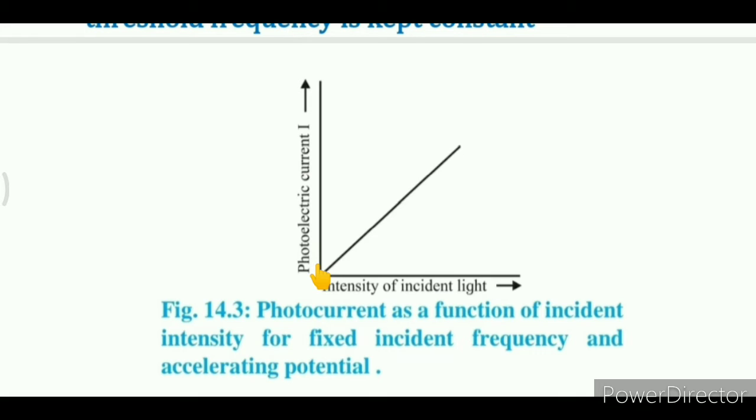Next, as we increase the intensity of incident radiation linearly, the photoelectric current also increases linearly. That means it is found that photoelectric current increases linearly with the intensity of incident radiation.